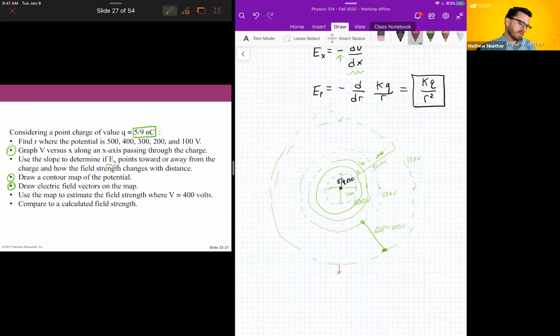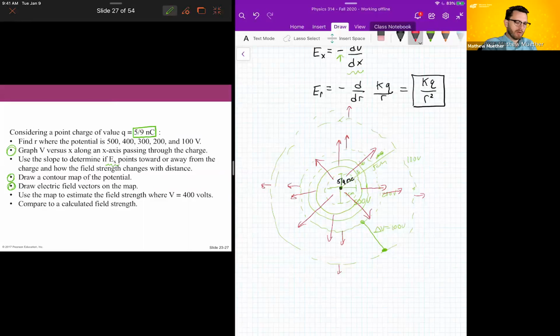So the electric field points radially outwards everywhere. And as I move in towards the center, it's growing in magnitude. Something like this. So when I get very close, I would have a very large electric field. Right? It's growing.